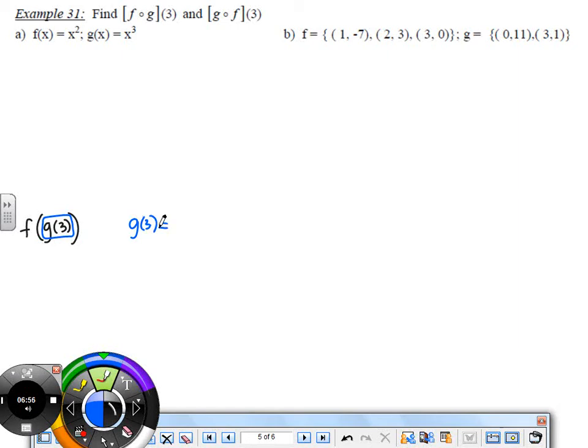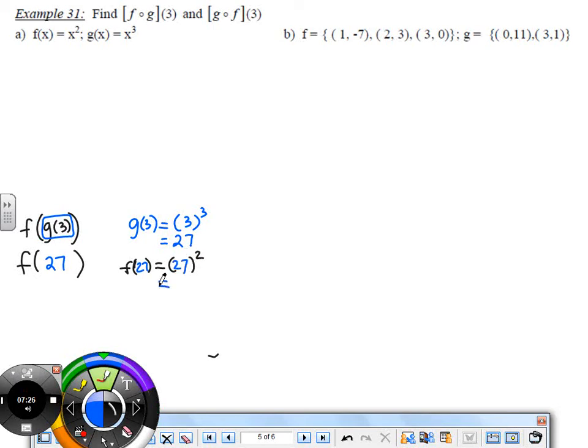And in this case, the g function is taking x and cubing it. So I'm going to replace the x with a 3, and that comes out to be 27. So that means back here, g of 3 can be replaced with 27. And now my final answer is dependent on me calculating f of 27. So remember that f of something meant we took the something and squared it. And so in this case, we want to plug in 27.